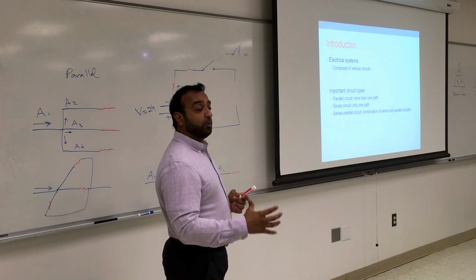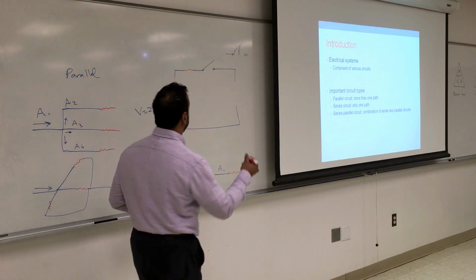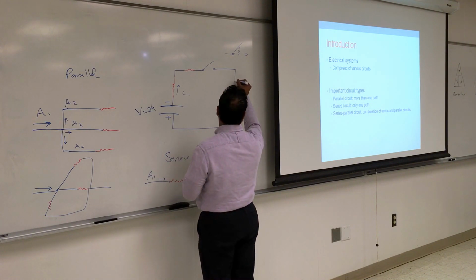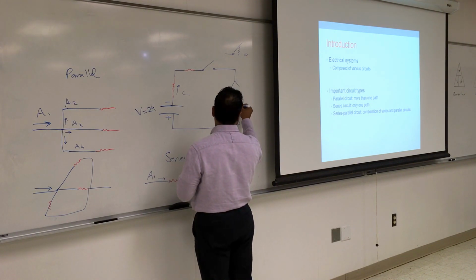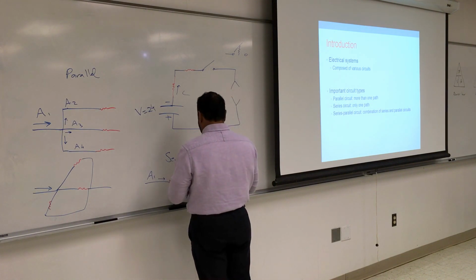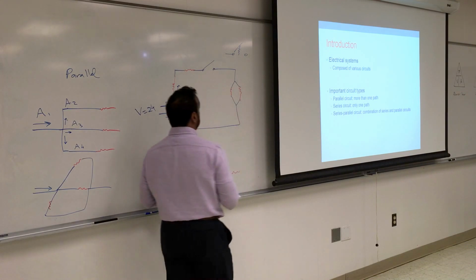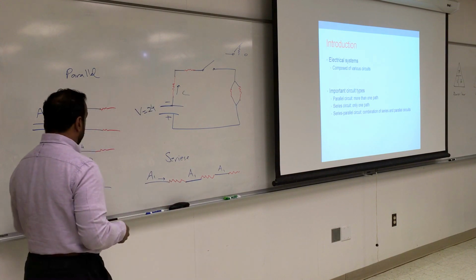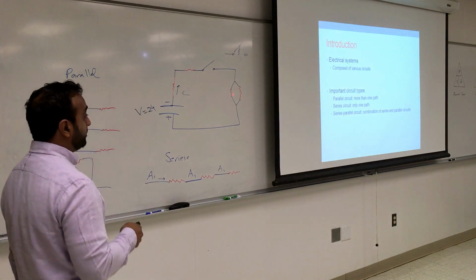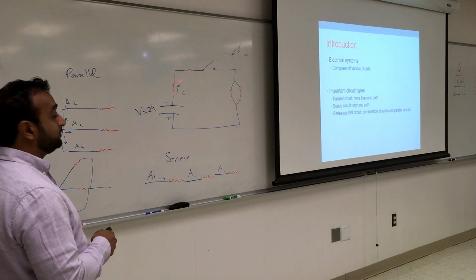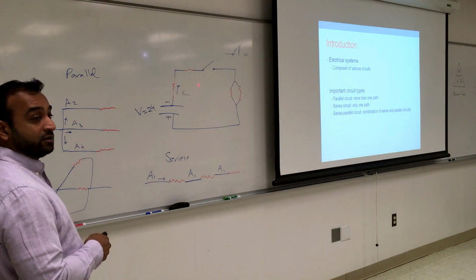And every electrical equipment or component has its own symbol. So I'll put a small divergent here. And that will be a parallel circuit. So are these parallel? Yeah. What about these two? Series. They're in series.